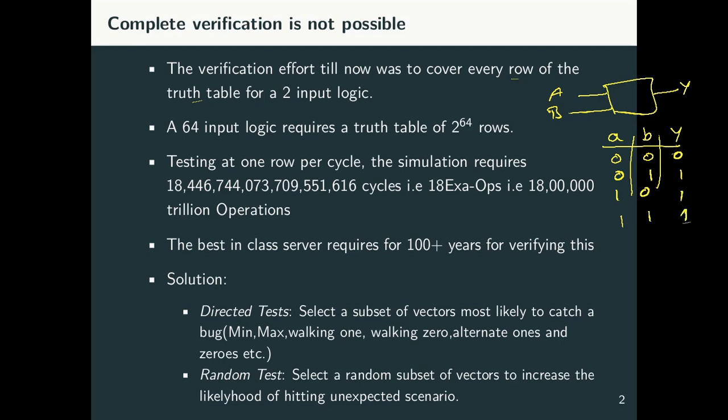And then we wrote a test bench and test case where we applied each row to our DUT and checked whether the output of the DUT matched the expected output that we had predicted.